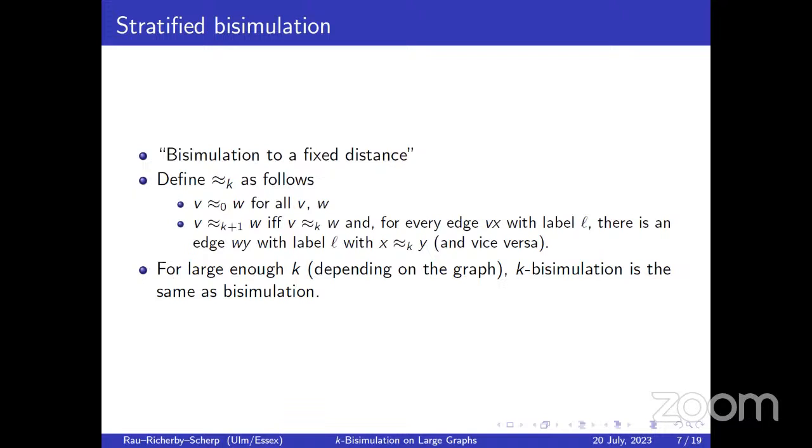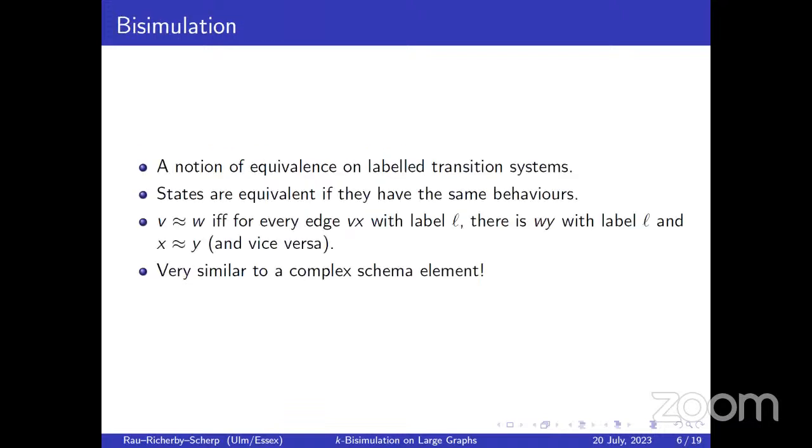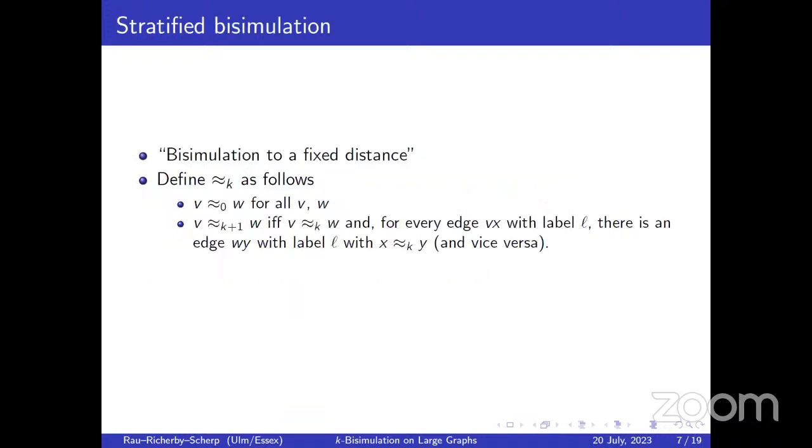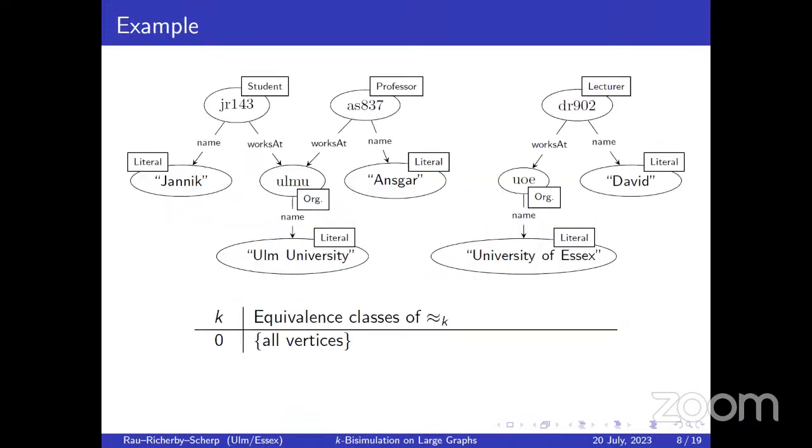Which is quite handy, because you can see how you could compute this. You can compute k-bisimulation and keep going, whereas if I asked you how to compute full bisimulation without knowing that you can go through k-bisimulation, that's a little bit more mysterious.